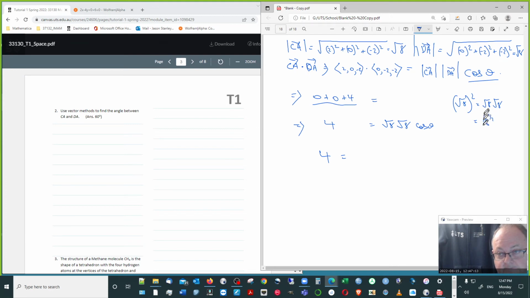What do we do? We times them, so we're going to get a to the power 1. Okay? So if we look at it through that lens, we're just going to be left with 8 cos theta. Does anybody disagree? So we divide by 8 both sides, and we'll get cos theta is equal to a half.